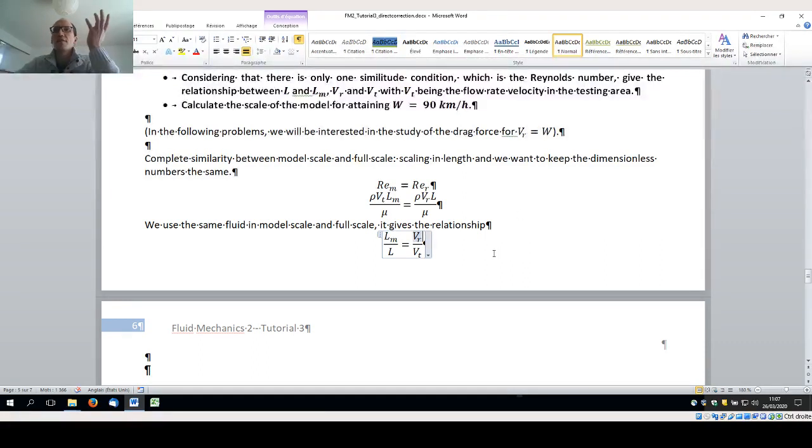So this is as simple as this. So here the ratio in length is equal to the inverse of the ratio in velocity.